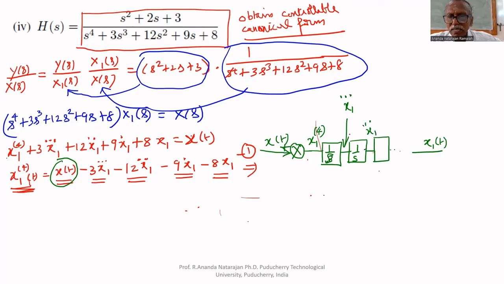Again, you will get x1 dot. Integrate one more time, you will get x1 of t. So 4 integrators are in cascaded form.